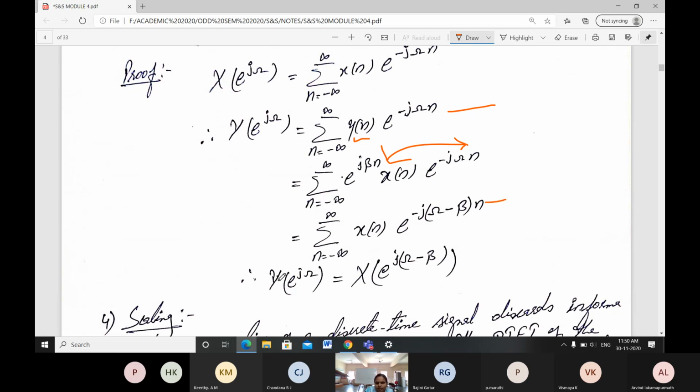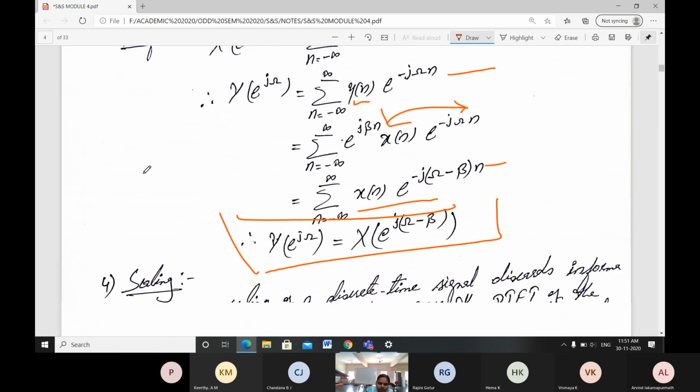Therefore, what we can write? This is nothing but our basic equation only. Instead of omega, here it is omega minus beta. Therefore, Y of e raised to j omega is equal to X of e raised to j omega minus beta. Okay, that you will be getting. This is hence the proof for the frequency shift condition.